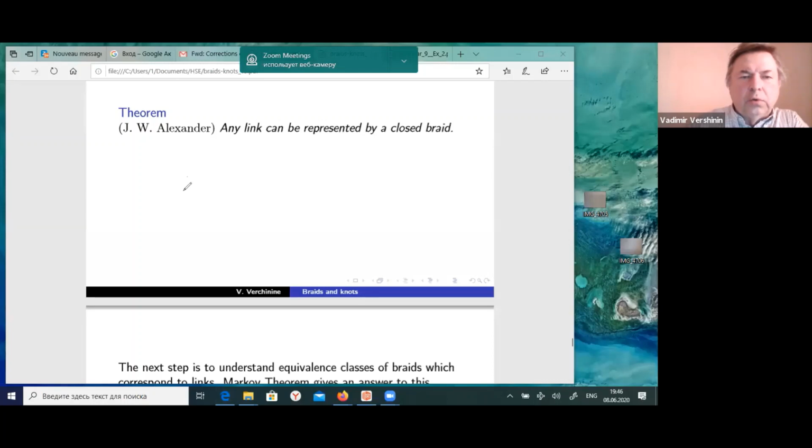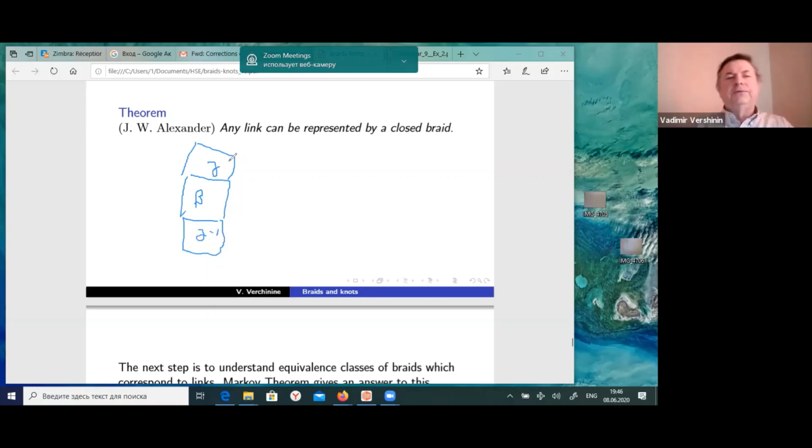So you have a braid, maybe I denoted it beta, and you have multiplications of braids. This is gamma. This is gamma minus 1. This is the first Markov move. You have beta, you have gamma, beta, gamma minus 1.